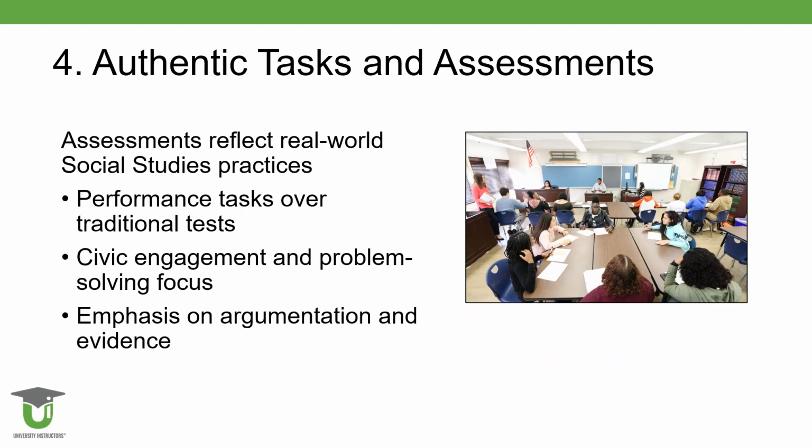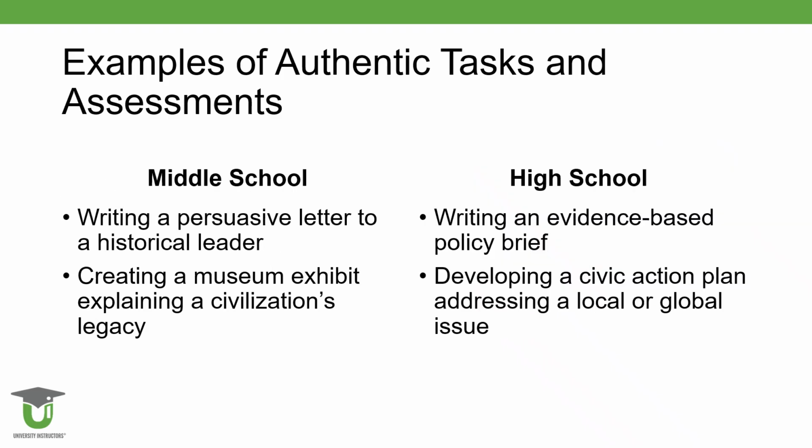Authentic assessments ask students to apply their learning in meaningful ways. Instead of relying solely on tests, students complete tasks that resemble real-world civic and social studies work. These assessments emphasize argumentation, evidence, and communication, key skills for college, careers, and civic life. Tasks and assessments ask students to apply knowledge in meaningful contexts.